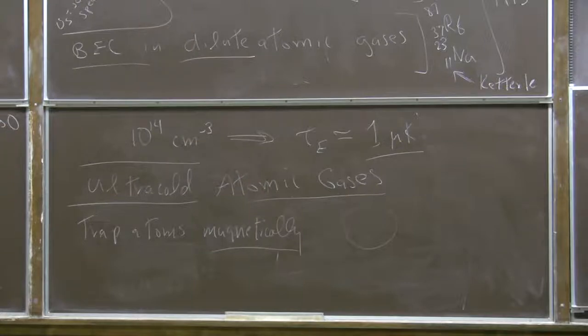And then we choose the frequency of the laser light, its circular frequency, to be slightly less than that. Okay? So that means in order to be excited by the light, the atom has to be moving towards the laser. If it's moving towards the laser, it sees the light slightly blue shifted.